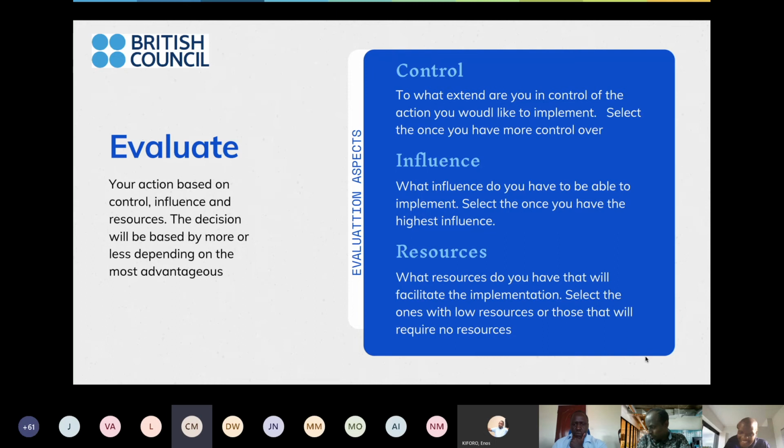Take your pen and underline them because those are the ones we want you to start with, where you won't need to ask for permission, where you know that you have influence, and where you don't need resources, or if you need resources, they are low cost. You can recycle maize cobs, you can paint stones and use them. So underline those things that you think, this one, I'm going to begin with.